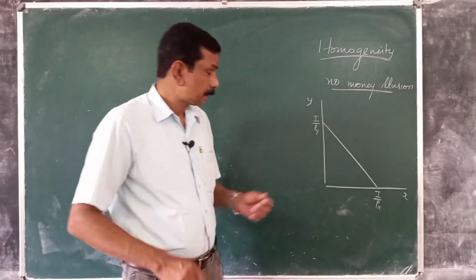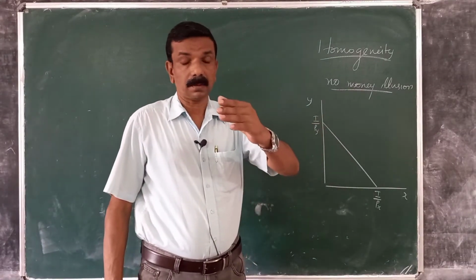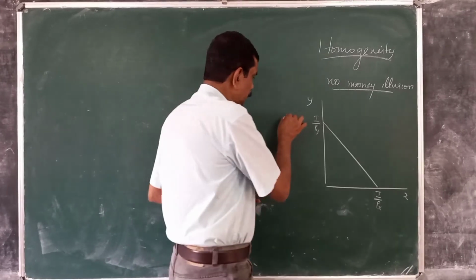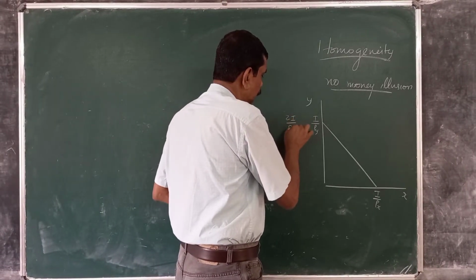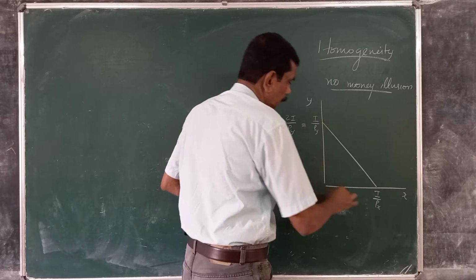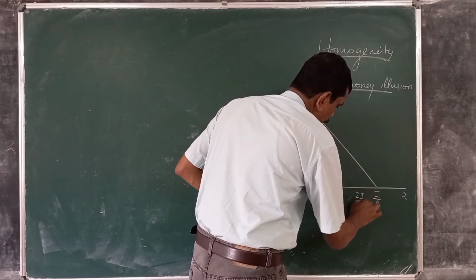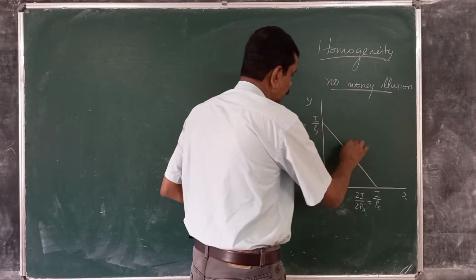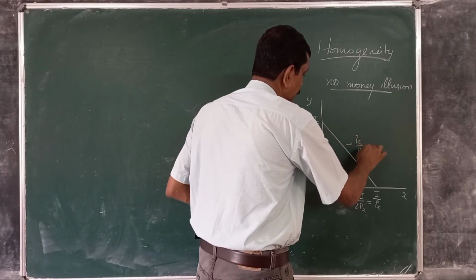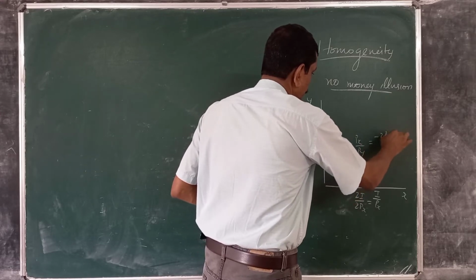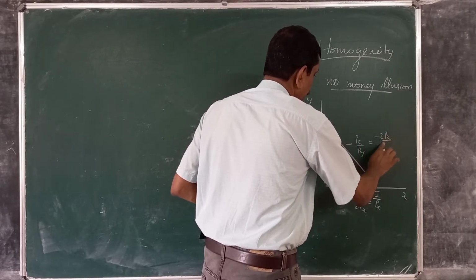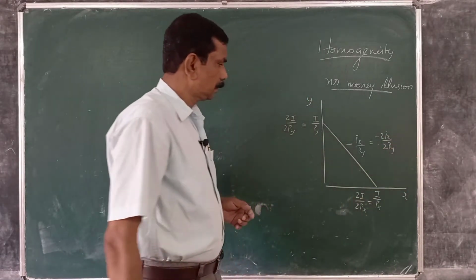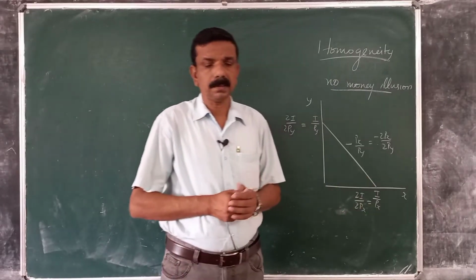Now suppose that income and all the prices are doubled, then you will get 2I by 2py and 2I by 2px, and the slope minus px by py is equal to minus 2px by 2py. That means the budget line is not affected.